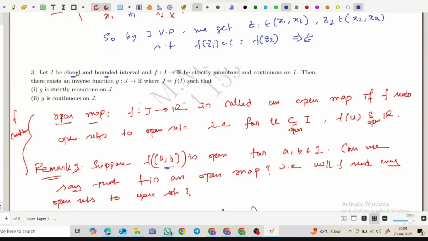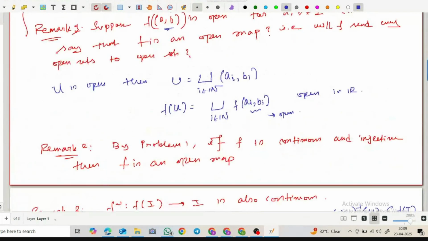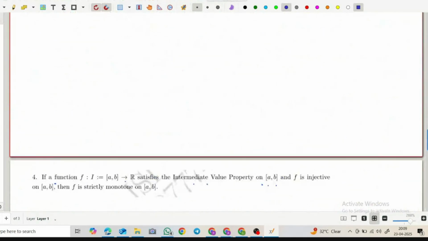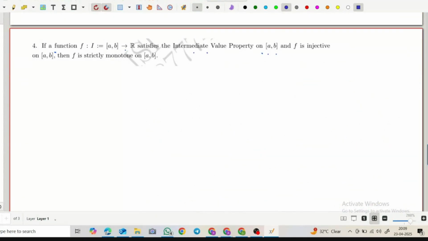For closed and bounded, we would have used a different technique, but taking I as an interval actually gave us a few more facilities as well. So if f has the intermediate value property and is injective, then it is strictly monotone. The continuity is not there. Okay. Let's do that.